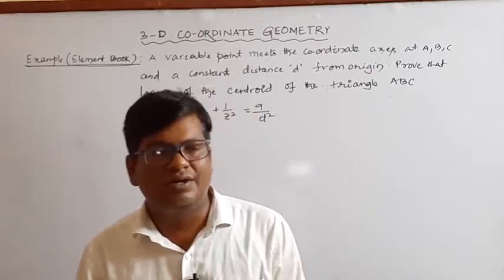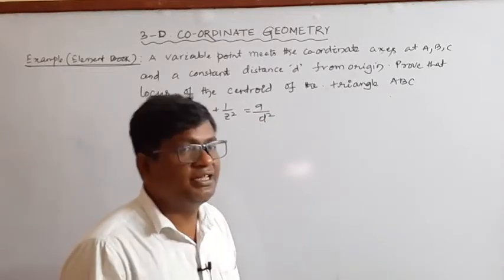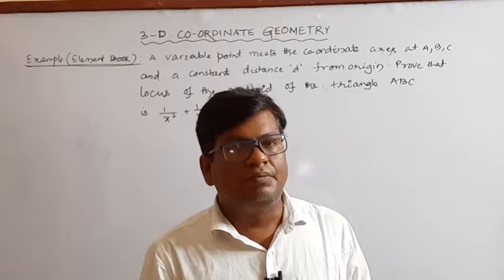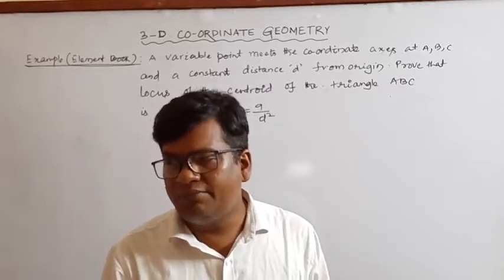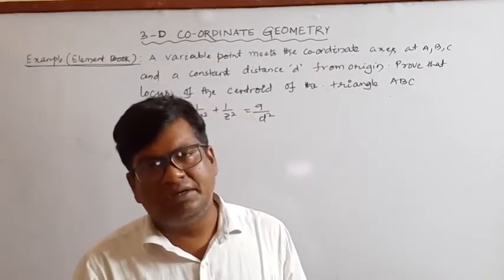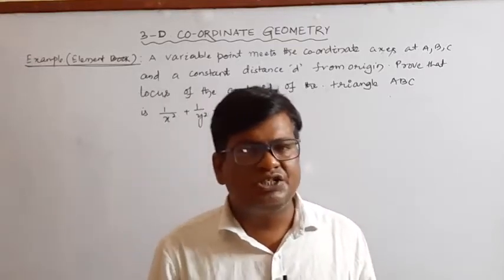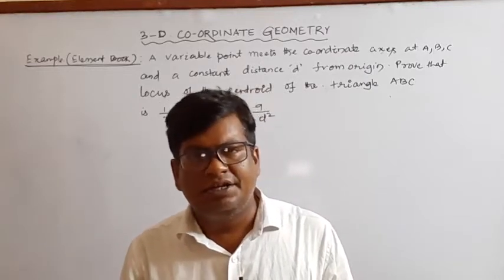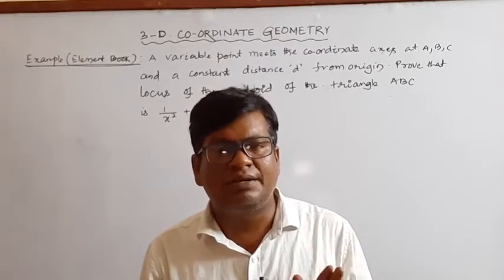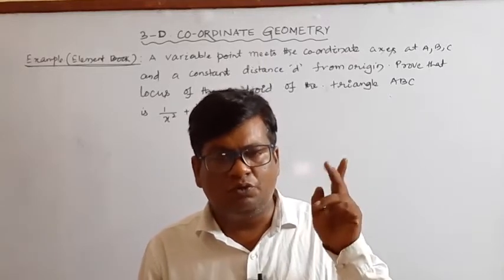Dear students, in last class we discussed the equation of plane in intercept form, normal form, its vector equation, Cartesian equation, and equation of plane passing through a point and perpendicular to the given plane, equation of plane passing through 2 points and perpendicular to a single plane, equation of plane passing through 1 point and perpendicular to 2 planes.